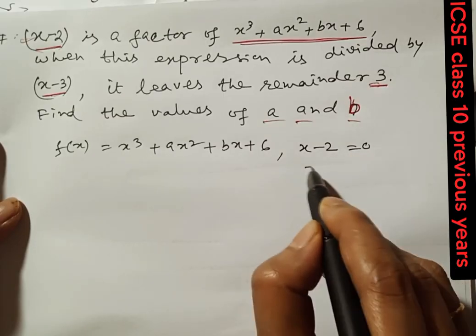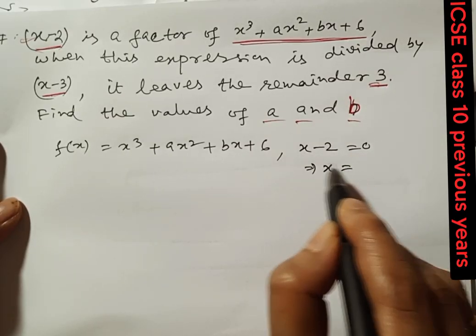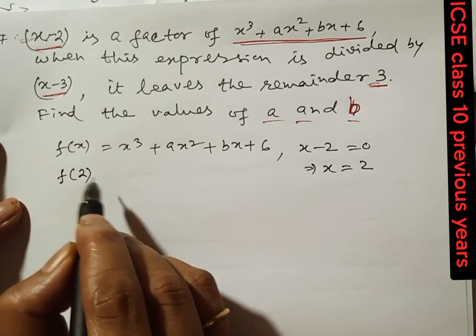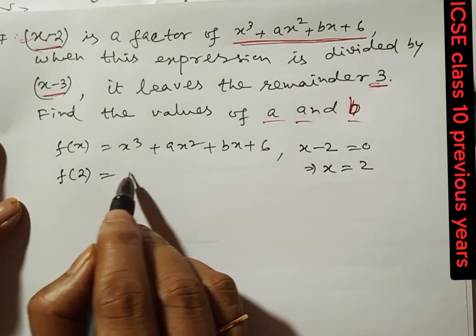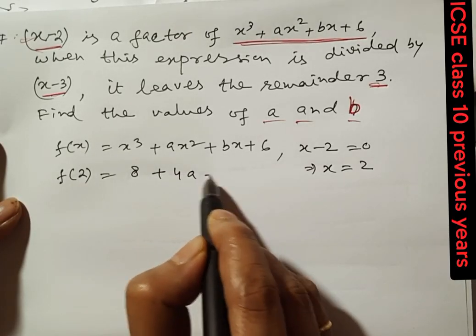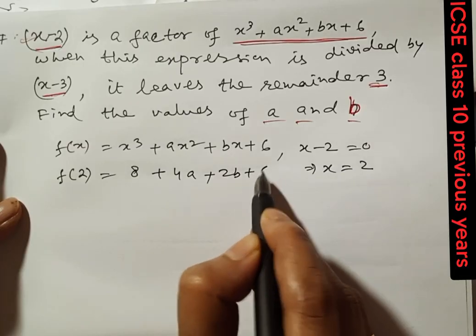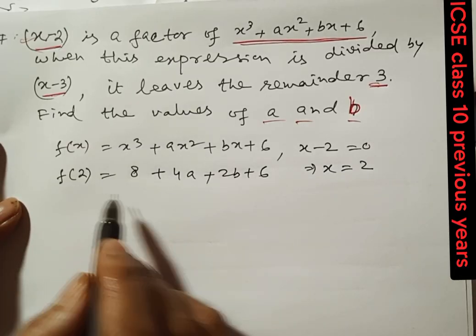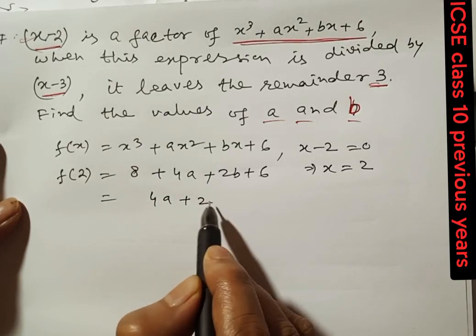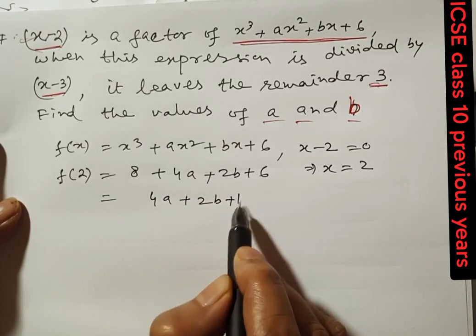So we put x equal to 2. f(2) equal to 2 cube 8, 2 square 4a, plus 2b plus 6. This is 4a plus 2b plus 14.